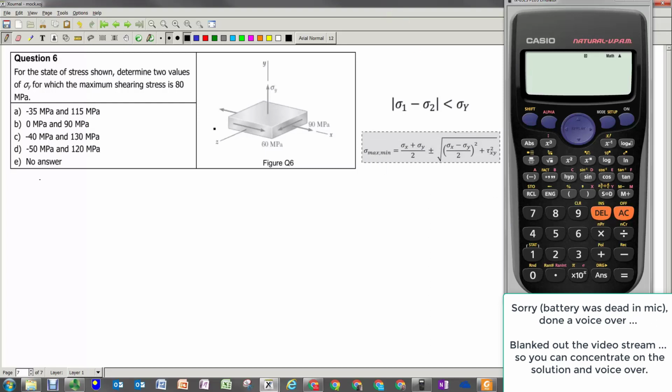In this plane I want to work out two stress components. I'm not particularly bothered about their orientation or where they're pointing, but they're going to be in that plane, represented by two pure stress terms.